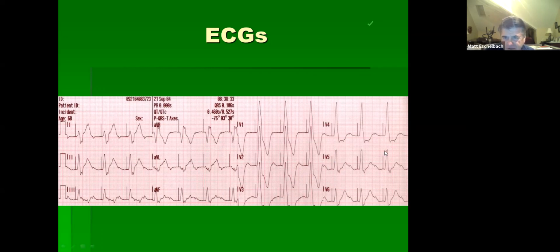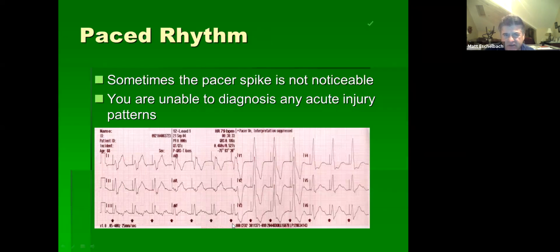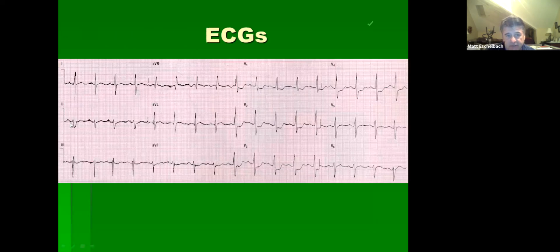Pacer, pacer, pacer, pacer, pacer. And then what happens with a pacer is the QRS complex just fires and it looks like a PVC. So that's just a paced rhythm. Sometimes the pacer spike is so small that you don't notice it, and you're unable to diagnose acute injury with this pattern. So very good. You didn't get sucked in by that.